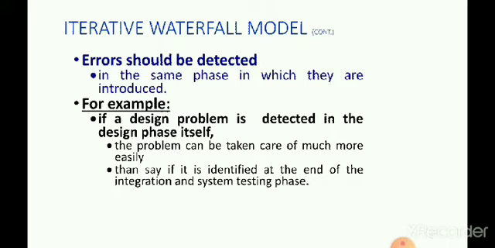Means if there is any problem in the design phase and it is detected in the design phase, then it is easy to rectify the error. If the error is noticed later on, then it takes much more effort to rectify the error.